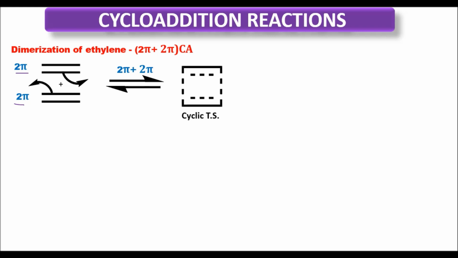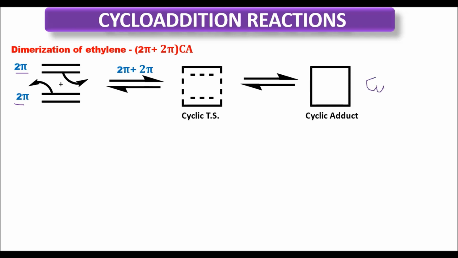The cyclic transition state converts into the product: this pi bond shifting makes a sigma bond, and this pi bond shifting makes another sigma bond at this position. This is called the cyclic adduct. The product is cyclobutane. So dimerization of ethylene gives cyclobutane.